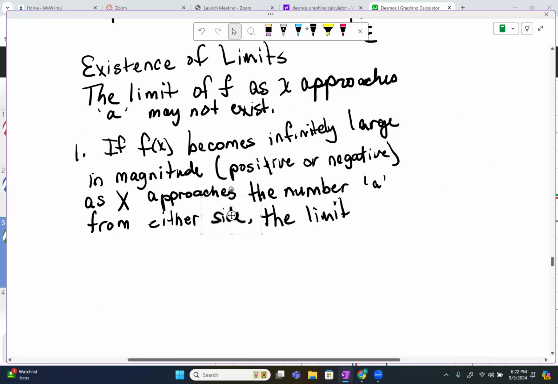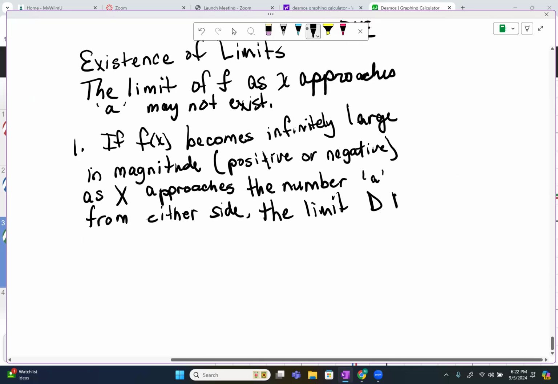And usually I write DNE, does not exist. So in this case, the limit as x approaches a for some f of x is equal to infinity.